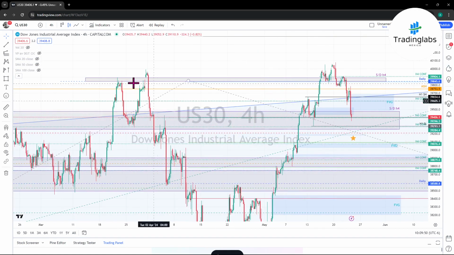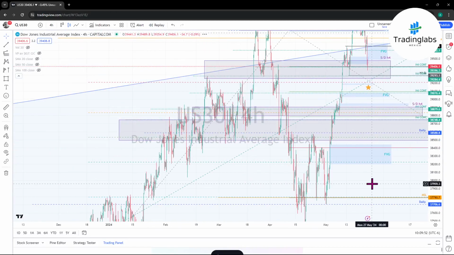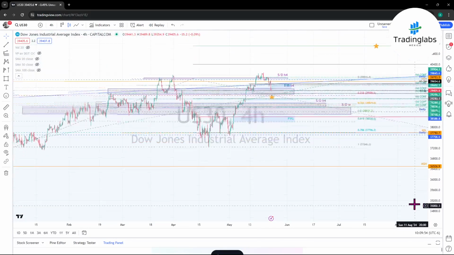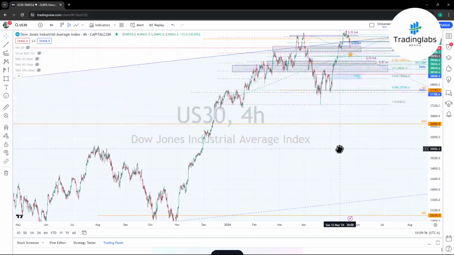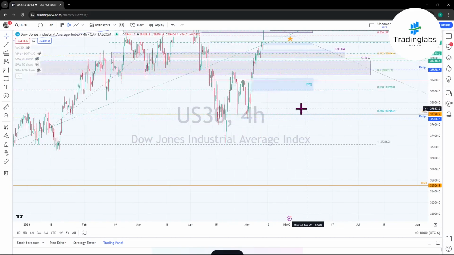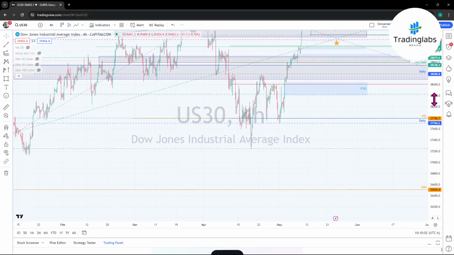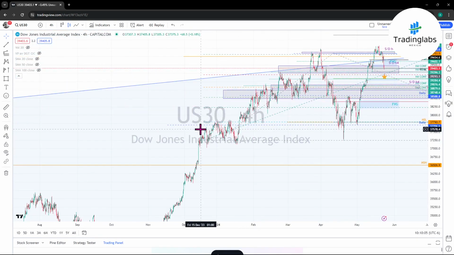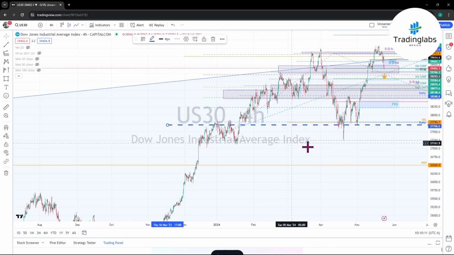So, and from here, also another confluence from here. Okay. So if the main support obviously is this one. This is the main support.